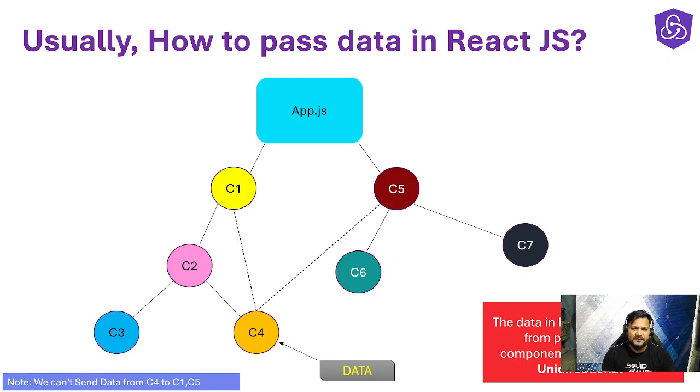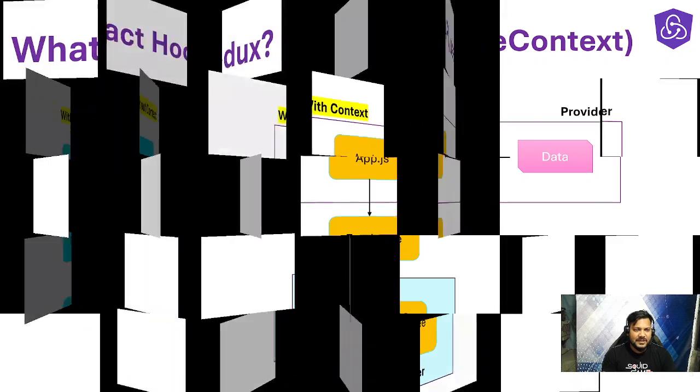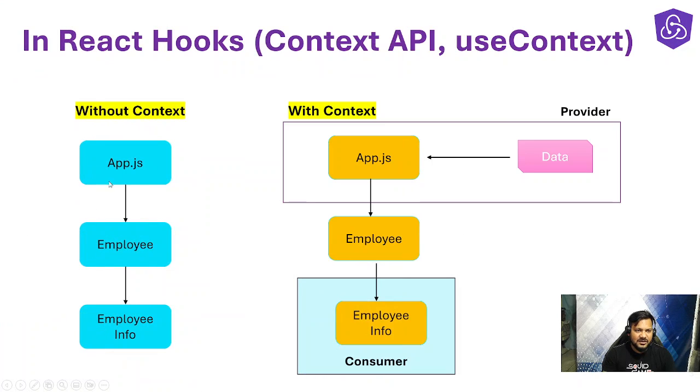Later on we learned about the context API, useContext, which actually solves our problem. You can see that without context we need to pass the data through the props from app.js to the employee component, and if we need to pass any data to employee information, we pass the props to that component.